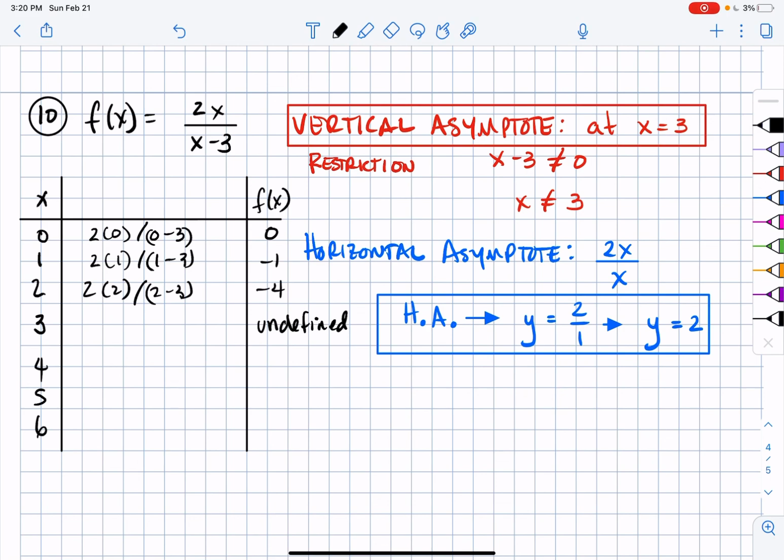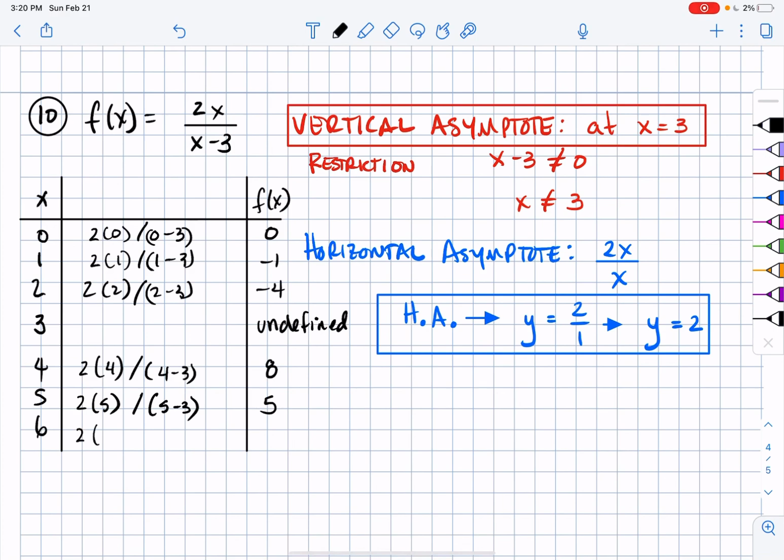And then to the right side of it, if I put in 4, then I got 2 times 4 divided by 4 minus 3. 2 times 4 is 8, divided by 1 is 8. Then I got 2 times 5 divided by 5 minus 3, so that's 10 divided by 2, which is 5.